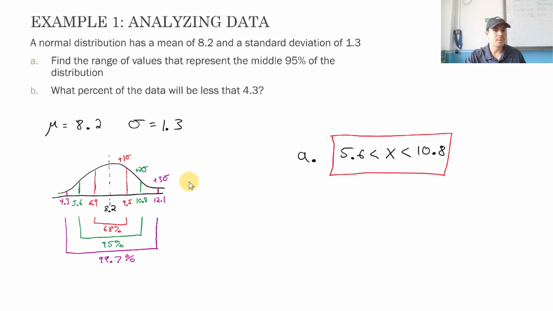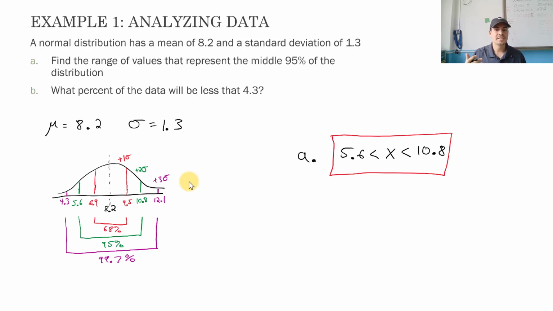Now let's try to find B, what percent of the data will be less than 4.3. So I know that after 3 sigma, I only have 0.3% of my data set left, right? Only 0.3%, because 99.7% is going to fall within that 3 sigma interval.